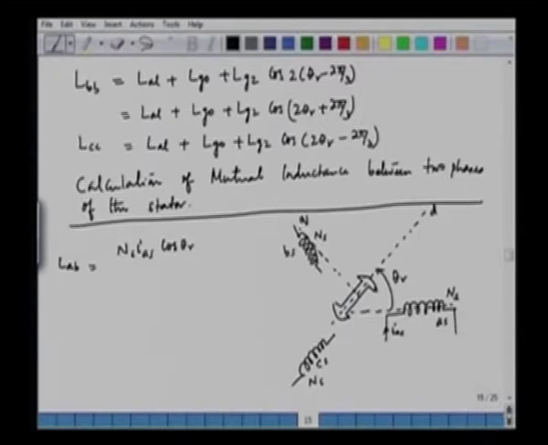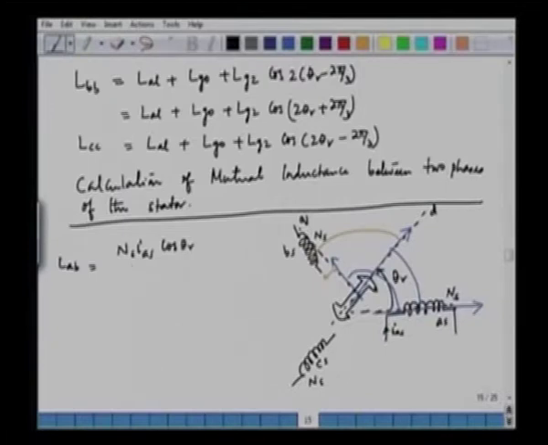Now, we have to find out how much of this flux produced by phase A is linking phase B. So, the flux is produced by phase A. We can resolve this component along the d axis, find out the flux here, resolve this component along the q axis and find out the flux here, and this flux is again resolved back onto phase B, and this flux is also resolved onto phase B, and we can find out how much flux is linking phase B due to the unit current in phase A. So, that is what we can find out here.